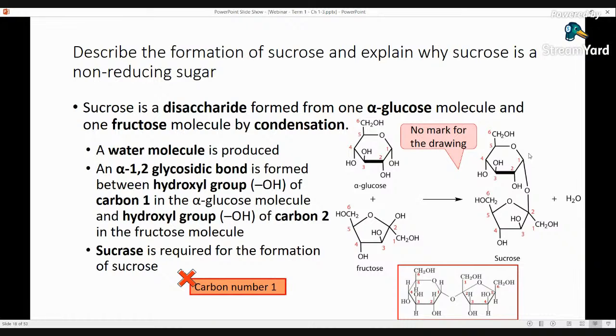That's why I prefer to show this diagram rather than this. Then sucrase, which is the enzyme, is required for the formation of sucrose. Students always forget to write sucrase or the enzymes involved. You must also remember this enzyme can catalyze the reversibility of the reaction. Condensation and hydrolysis, this process is reversible.